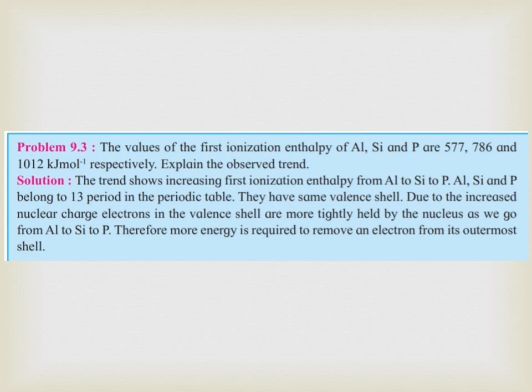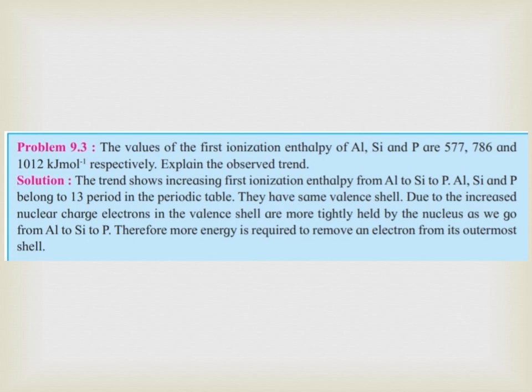As you go along the period, the atomic number goes on increasing, but the shell remains the same. No new shell is added, and that is why the effective nuclear charge increases and the atomic size decreases. The atomic number of aluminium is 13, of silicon is 14 and of phosphorus is 15, and all these three elements have the same valence shell. But the atomic number of phosphorus is more.